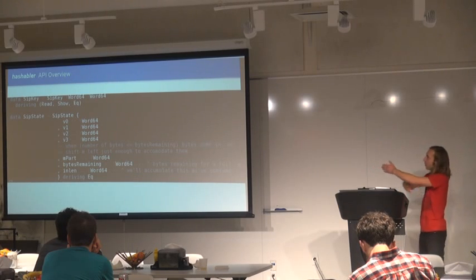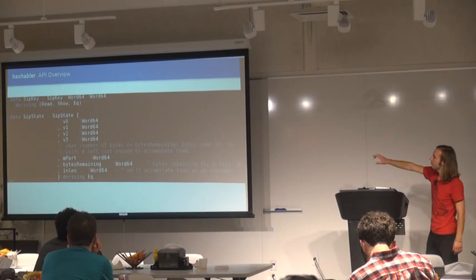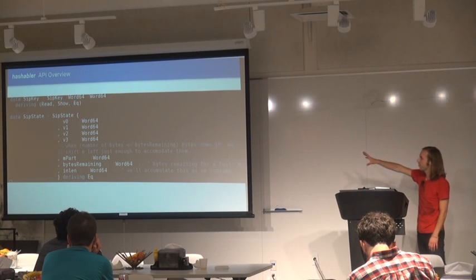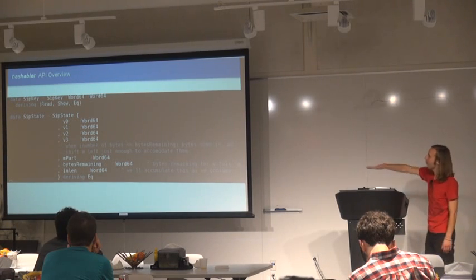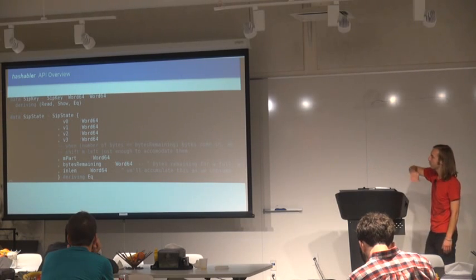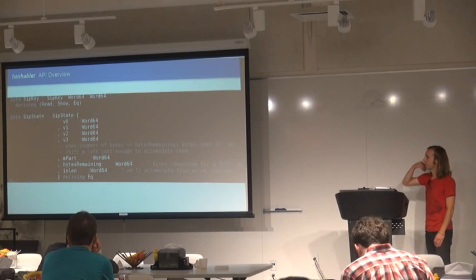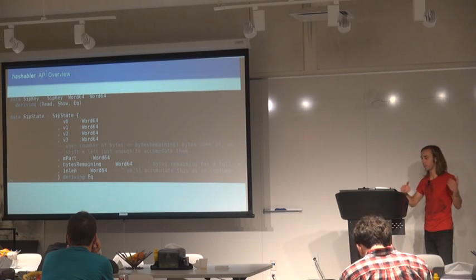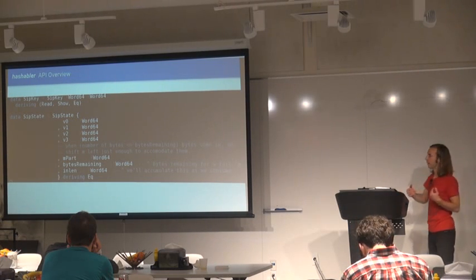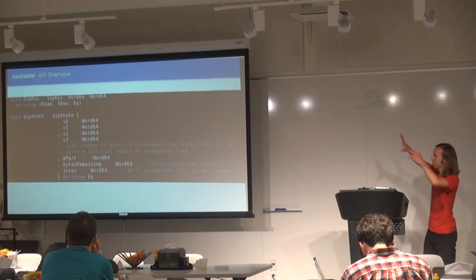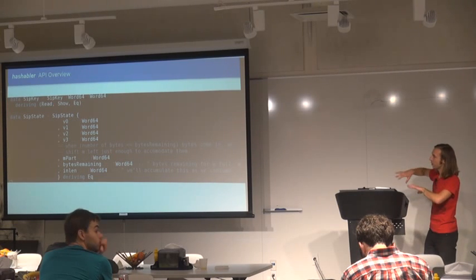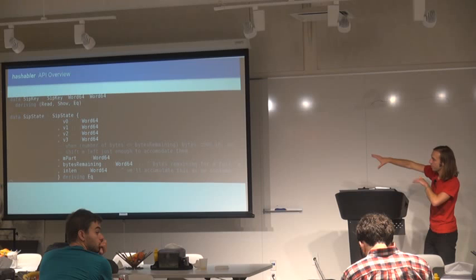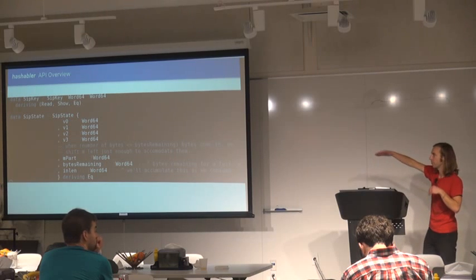So this is the state of the hash state, and it's quite a bit more complicated. Part of the siphash algorithm takes into account the length of the element that you're hashing, and it has these 4 different words that it twiddles, and we have these other things that are sort of bookkeeping for the way that we use siphash.